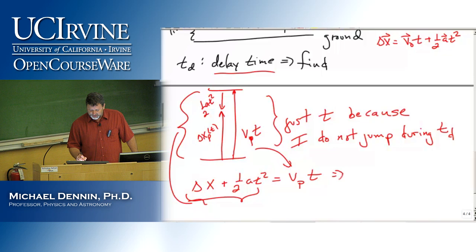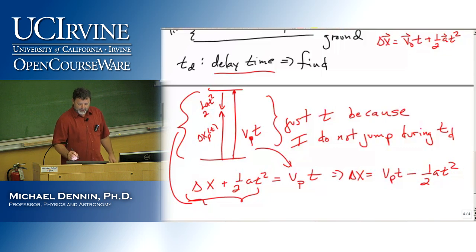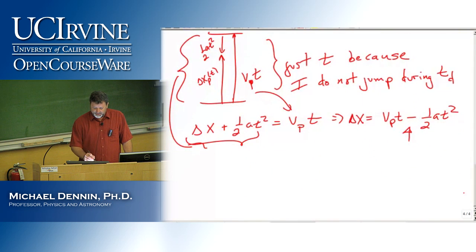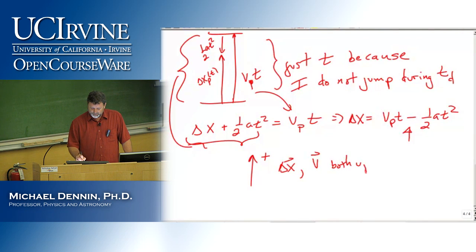Or the other way I can look at it, I can put the 1/2 at squared on the other side, and I have my minus sign, which I also could look at as if I picked up to be positive, then delta x and v are both up, so they're both positive, and a is down, so it is negative.